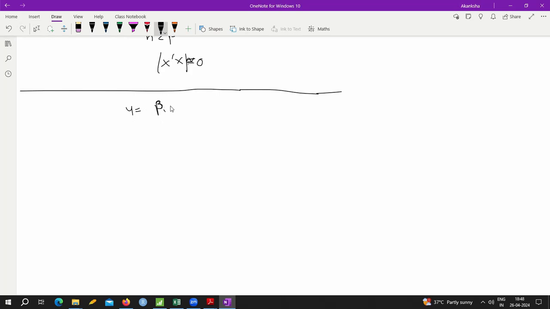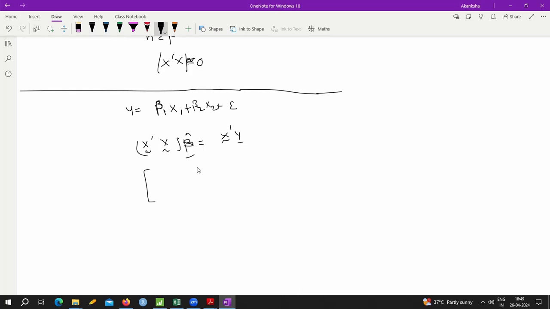Both x1 and x2 have been centered to have zero mean, and hence the intercept is not there. So the least square normal equations for these will be X prime X into beta hat is equal to X prime y. If I actually write this down, then what do I get?